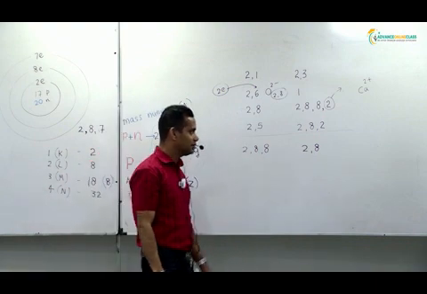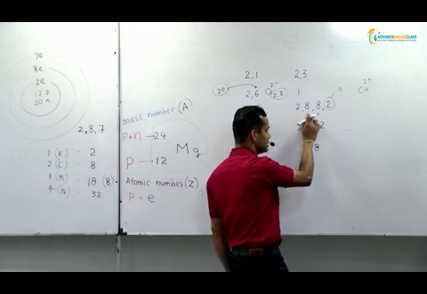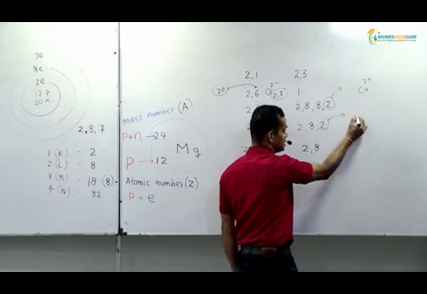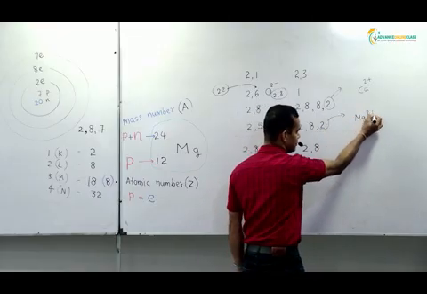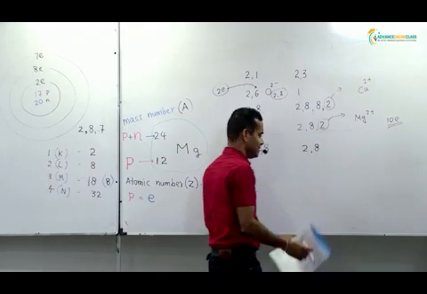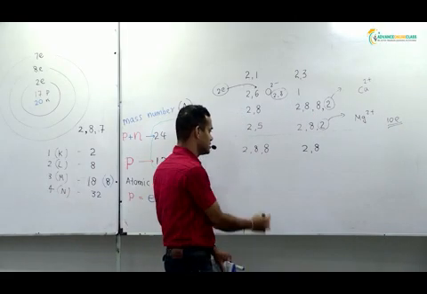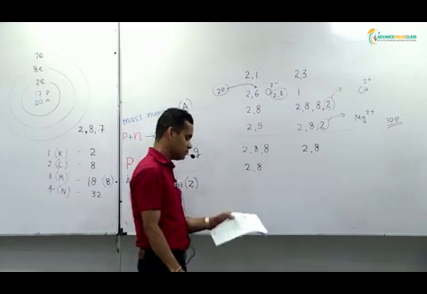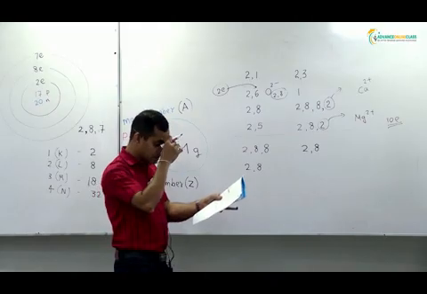Magnesium 2 plus ion. Look at this. Magnesium is 2, 8, 2. These 2 electrons are donated by magnesium to become magnesium 2 plus. Then how many electrons are there? 10 electrons only. That's why I have given 10 electrons: 2, 8. Right.